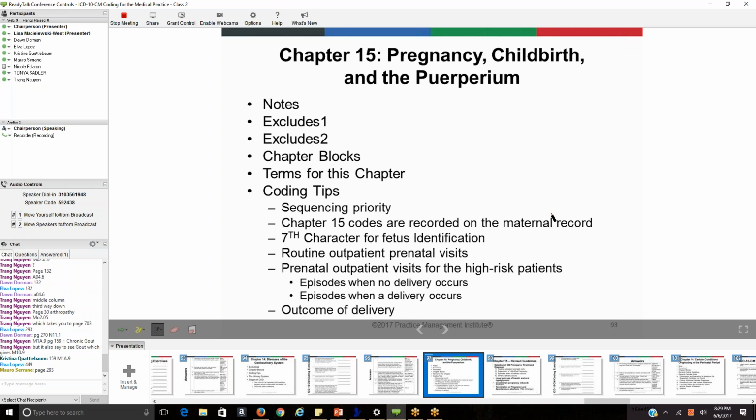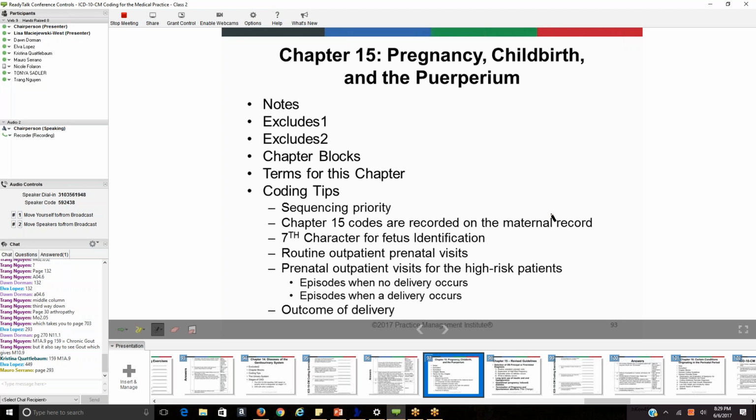But Chapter 15 has actually seen a tremendous expansion in ICD-10, and the reason for that is because this is typically where you're going to code complications of pregnancy, and the outcomes of pregnancy as well are going to be coded within Chapter 15 and associated Z codes.